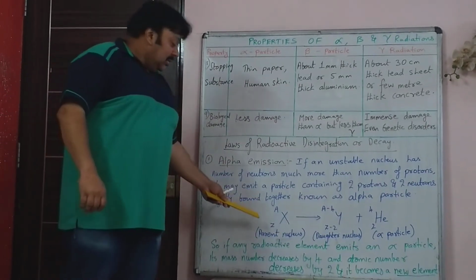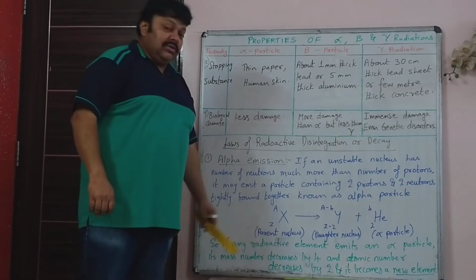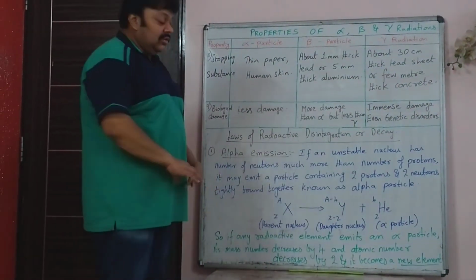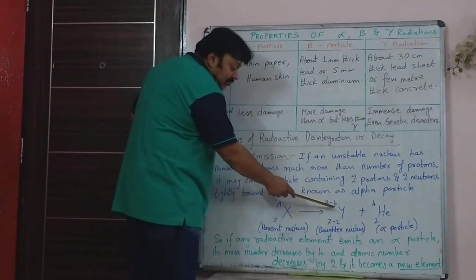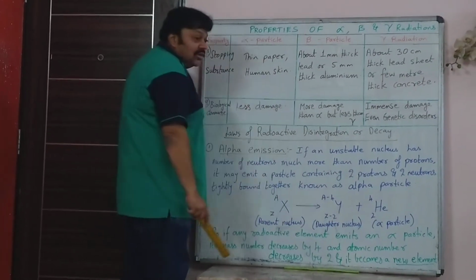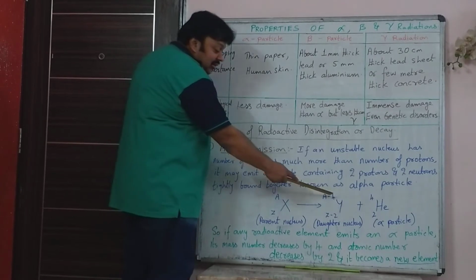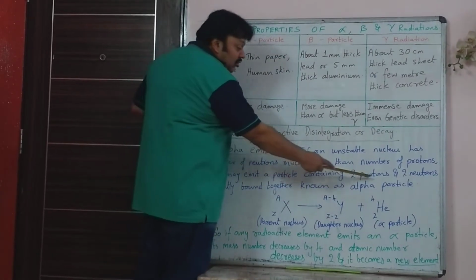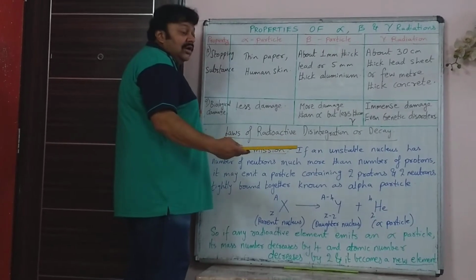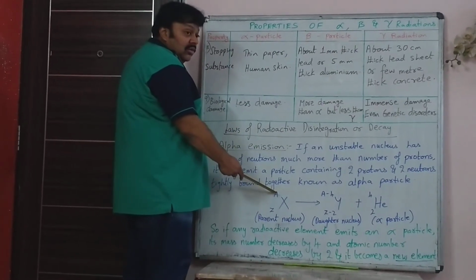The original element is known as the parent nucleus, and the new nucleus that is formed is called the daughter nucleus. The new nucleus will have mass number less by 4 and atomic number decreased by 2. Mass number decreases by 4 because 2 protons and 2 neutrons together are removed from the original nucleus.